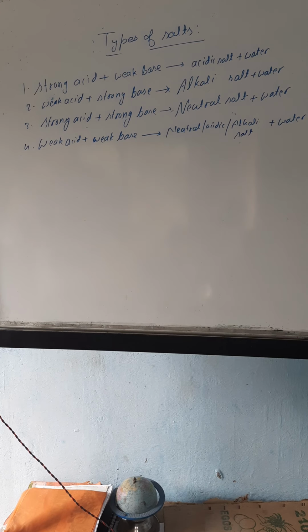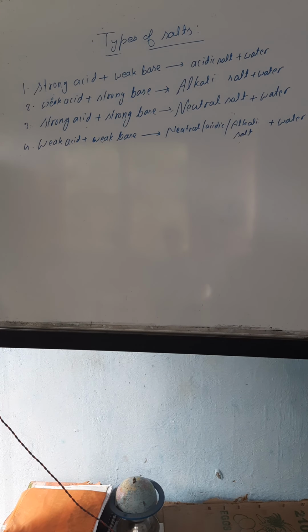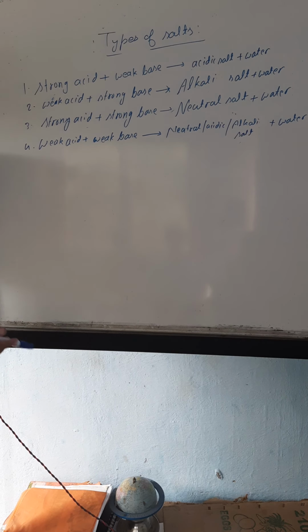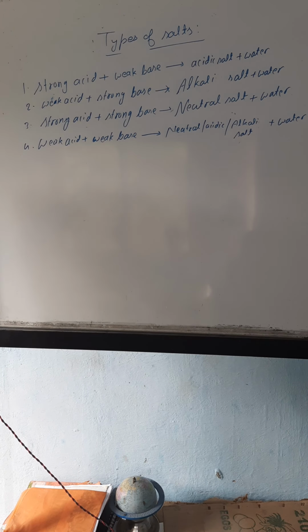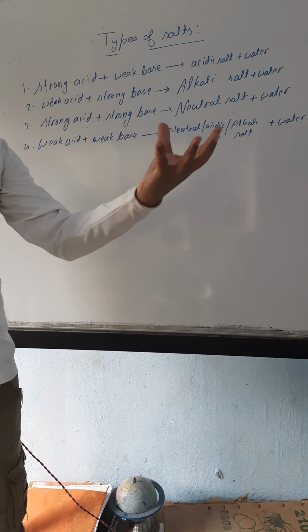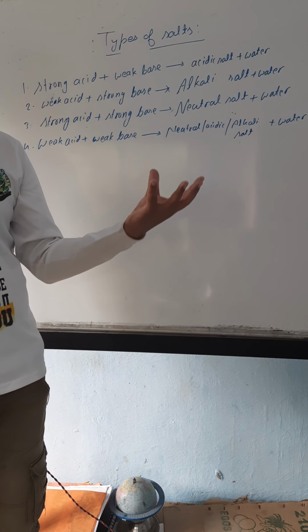Now we are discussing some types of salts. Salts can be of different types. I have just told you salts are formed by the neutralization reactions of acids and bases. Let's say the acid you are taking is a strong acid and the base is a weak base.